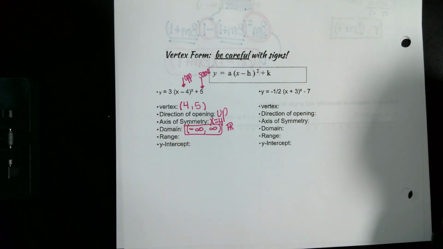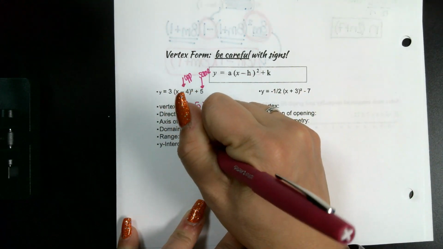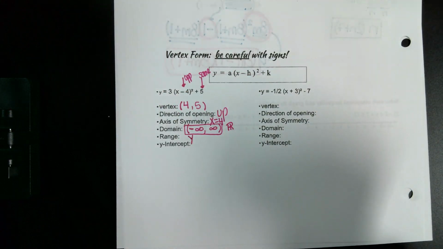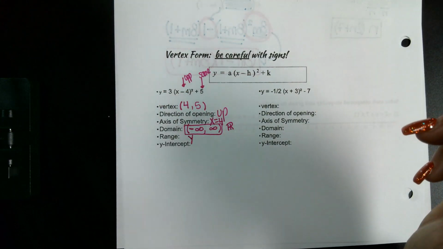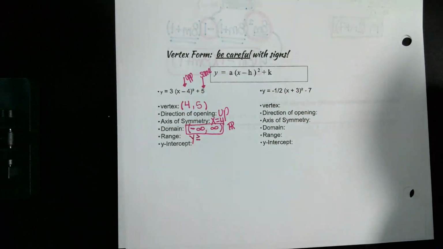The range. Who remembers where the range comes from? It has to do with the y values. So we always start with the letter y. If it's facing up, what symbol do we use? Greater than or equal to, yep. If it were facing down, we would put less than or equal.